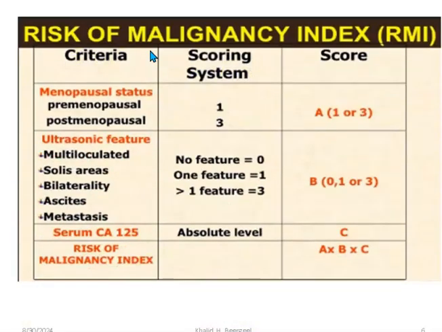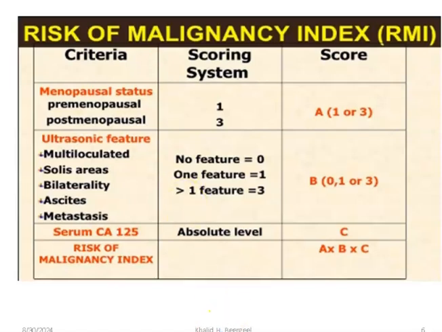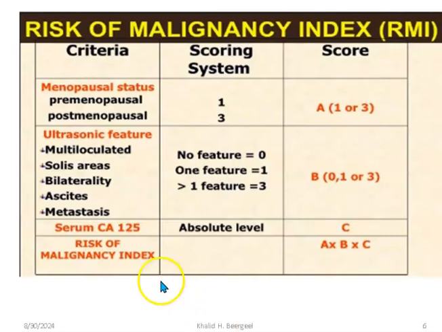So to identify whether this is benign or malignant, we have different criteria, starting from the history to the investigations or the workup, that we can use to categorize the cyst, whether it's benign or malignant.